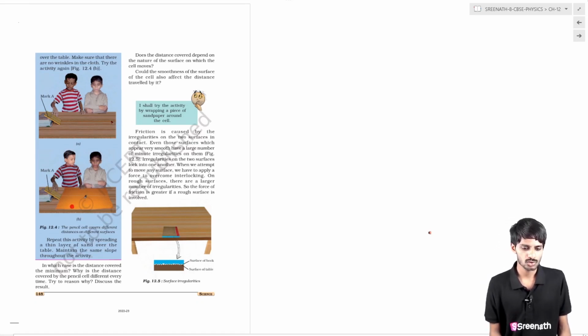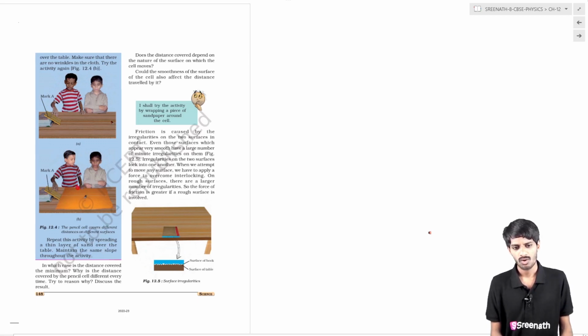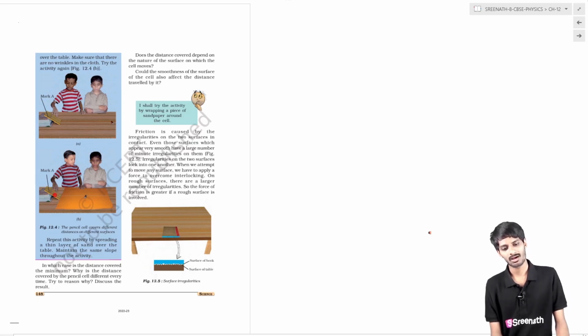Next, place some cloth like this. In this case also, you release the pen or pencil from the mark A, and it will also move some distance. In both cases you have to measure how much distance it has traveled.